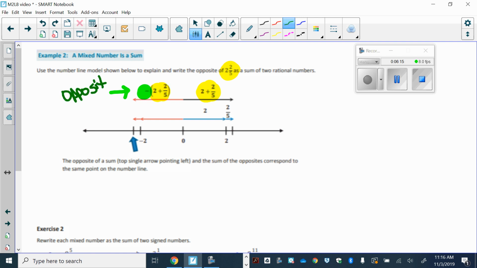When it's a negative on the outside of parentheses, it means the opposite of everything inside. So I'm going to move to the left 2, and then a little bit more to the left. They are the same distance away from each other. So I'm trying to show you that the sum of the opposites corresponds to the same point on the number line.